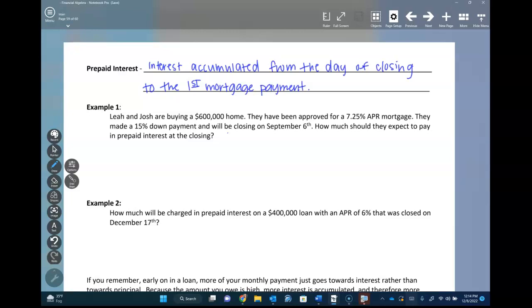Okay, so you're taking care of that interest between the time you take over the home until you pay your first mortgage payment.